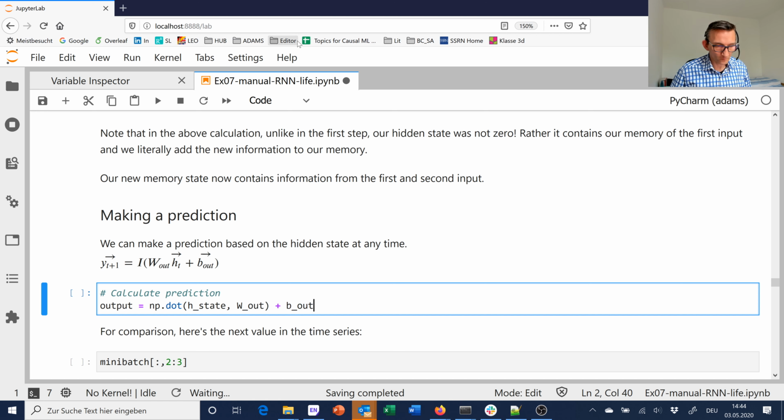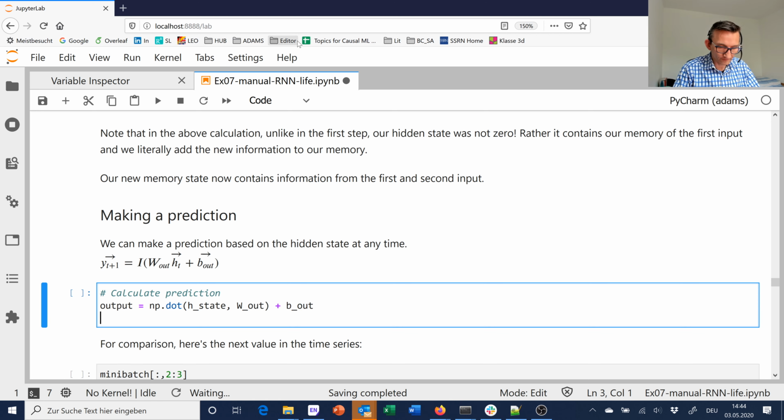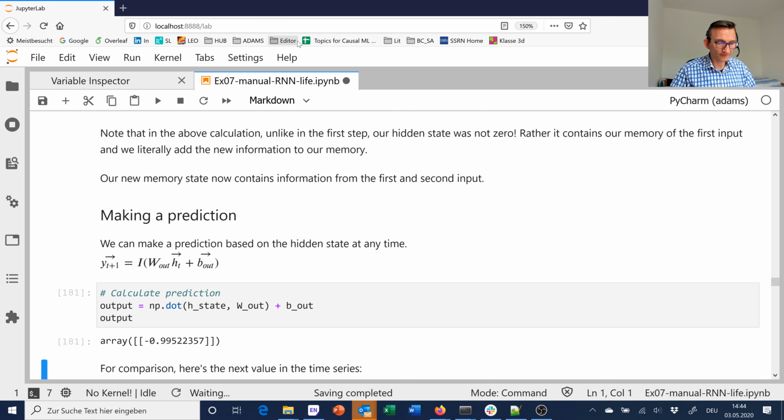Plus the bias. That's the output that we get. That would be the forecast that we get from xt minus 21. We started with xt minus 22, and we did xt minus 21. That's the current step in our processing.